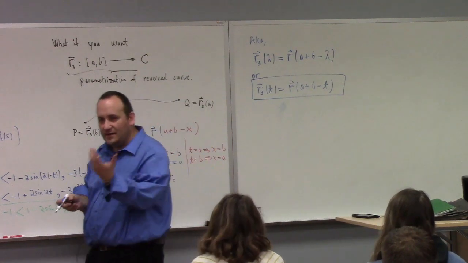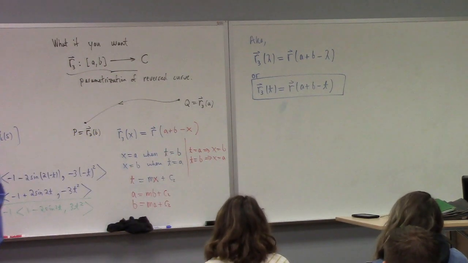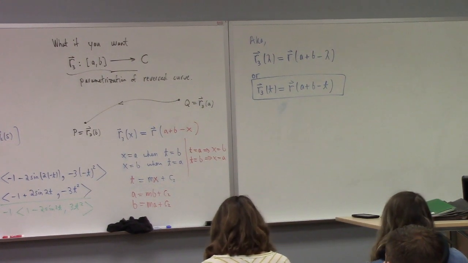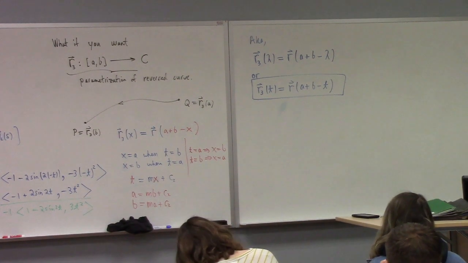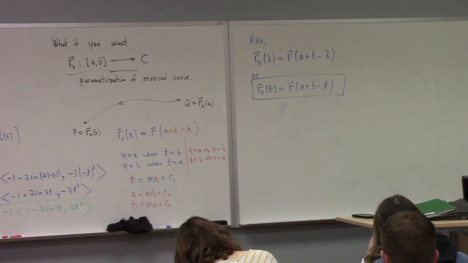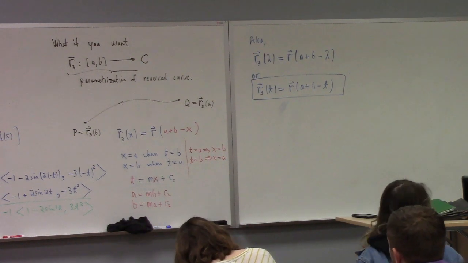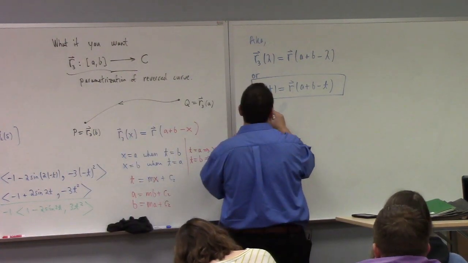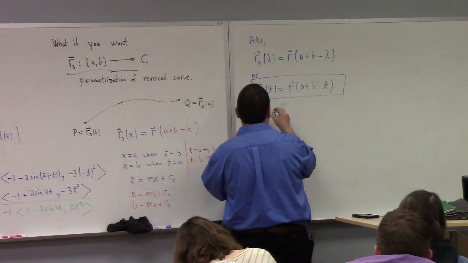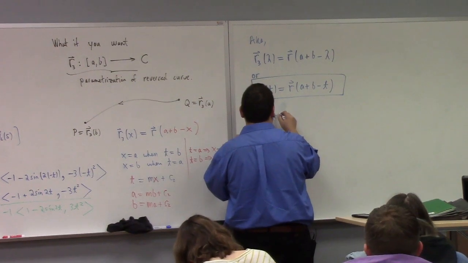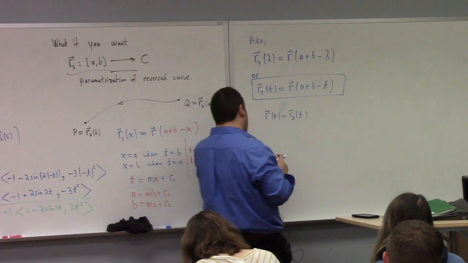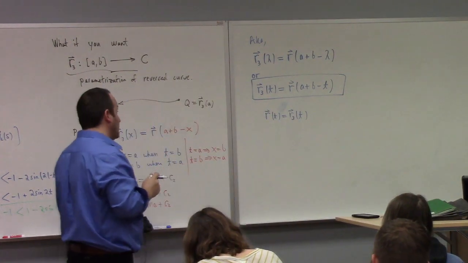If T has a reserved meaning as the parameter of the original given curve, we can think of this as being the same T. Where does R3 of T and R of T meet? In fact, you can try it out. R of T is equal to R3 of T, I think.